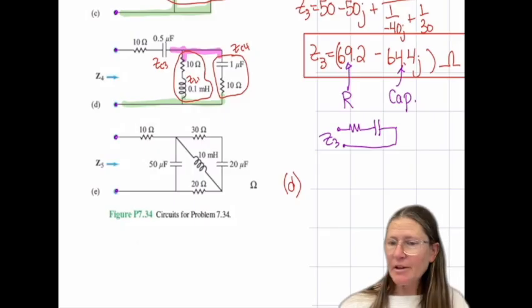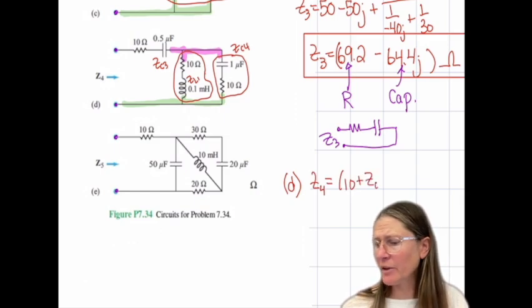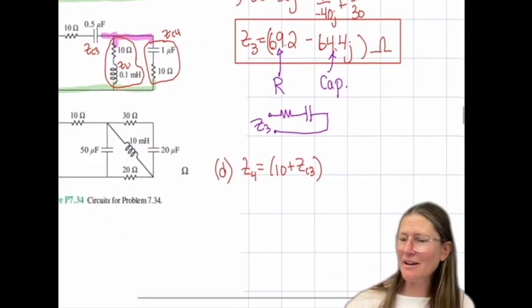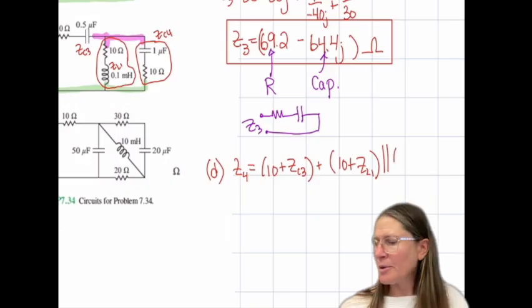So Z4 is going to be 10 plus ZC3, it's hard to say, and then 10 plus ZL1 in parallel with ZC4 plus 10.